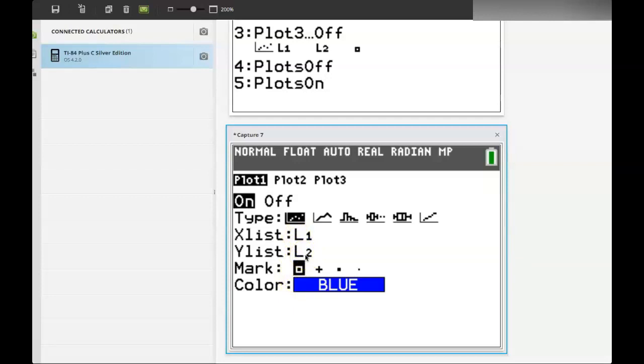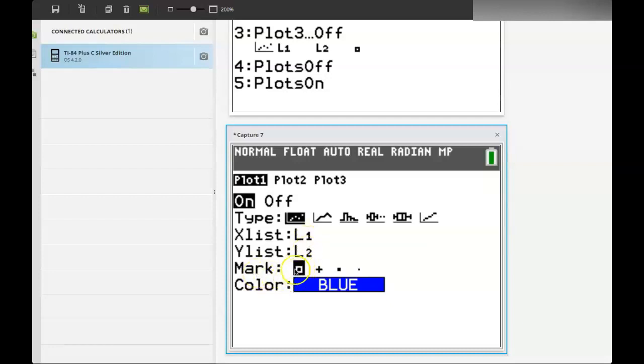For example, on your calculator we have 0, 1, 2, 3, 4, 5, 6, 7, 8, 9. 0 is catalog, 1 is L1, 2 is L2, 3 is L3. So I'm reading what I have on top of each one, shown in blue color. You can change these by pressing 1 for L1, 2 for L2. We already have L1, L2.